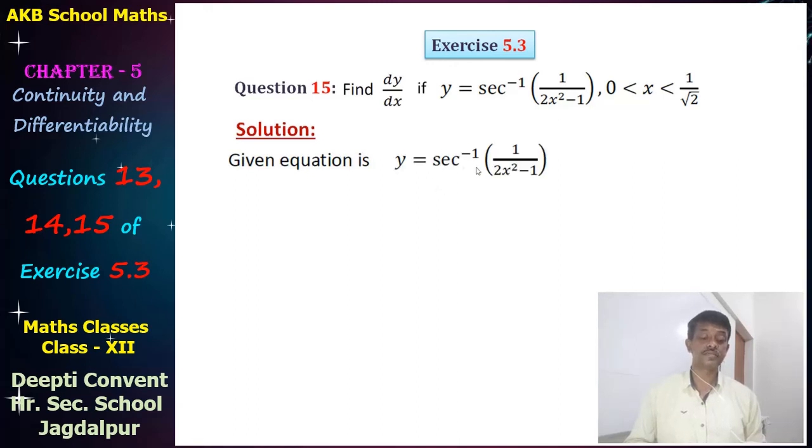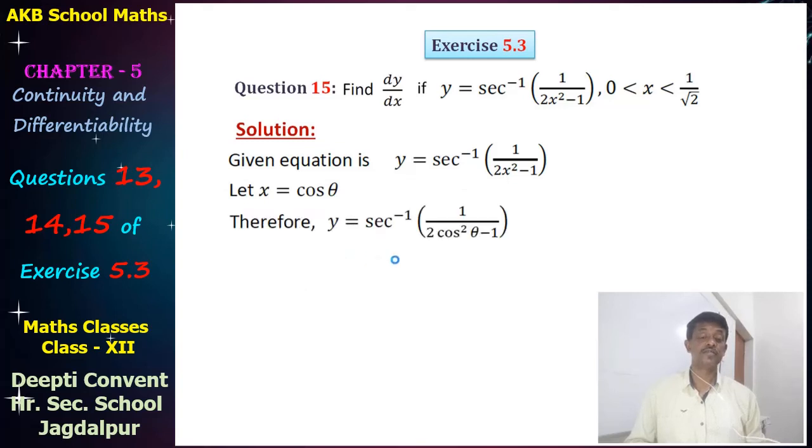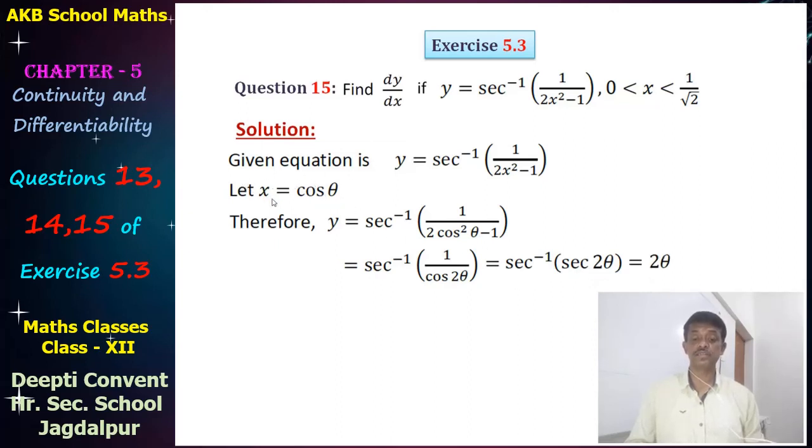Given equation is this. Let x = cos θ. Therefore y equals this. 2cos²θ − 1 equals what? cos 2θ. So cos 2θ, 1 upon cos 2θ means sec 2θ. Sec⁻¹ and sec cancel, 2θ. Theta equals cos⁻¹x from here. That's why 2 cos⁻¹x, that is, we get y = 2 cos⁻¹x.